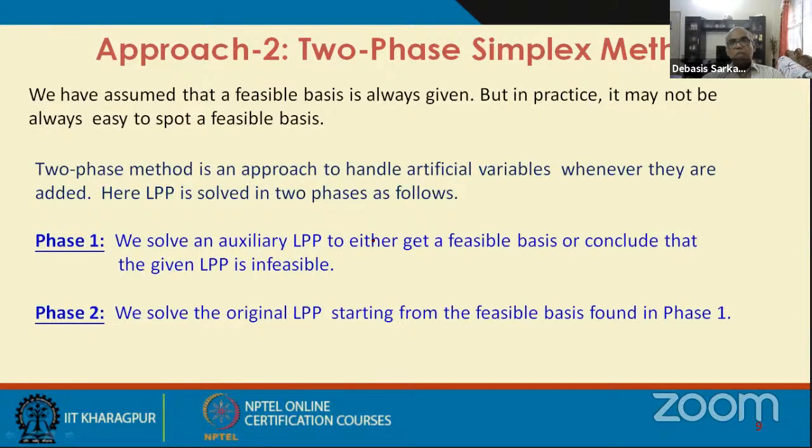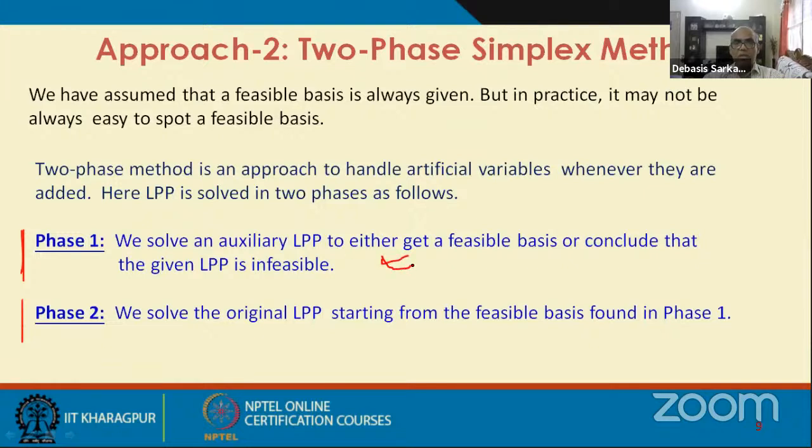So phase 2 will be, we will solve the original linear programming problem starting from the feasible basis or initial basic feasible solution that we have found in phase 1. So phase 1 is to obtain the initial basic feasible solution, and phase 2 is to solve the linear programming problem with the basic feasible solution that you have found.